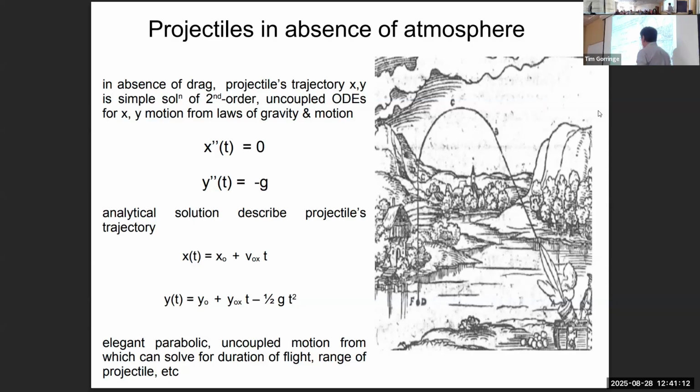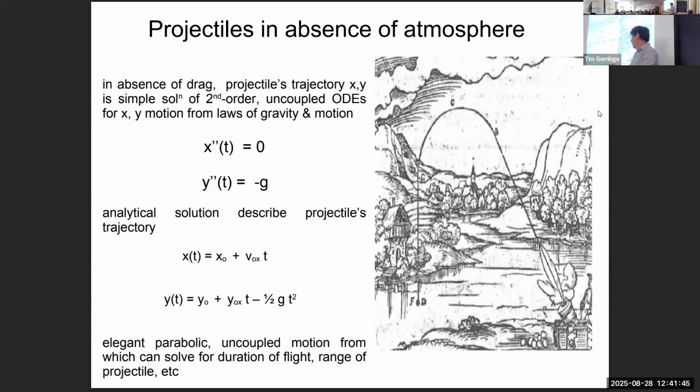Here's the acceleration of gravity. Those simple second order differential equations have simple, well-known solutions. They're these equations of motion that I've written down here. So for simple projectile motion in the absence of air resistance or other forces, there's this elegant solution that the motion is a parabolic trajectory, a parabolic path.